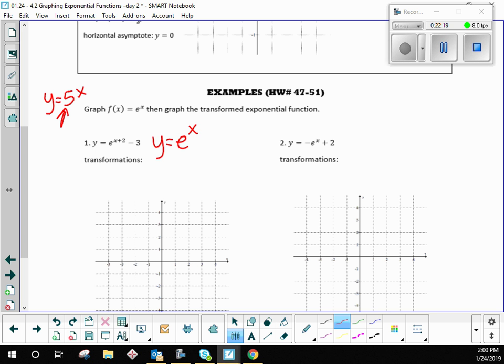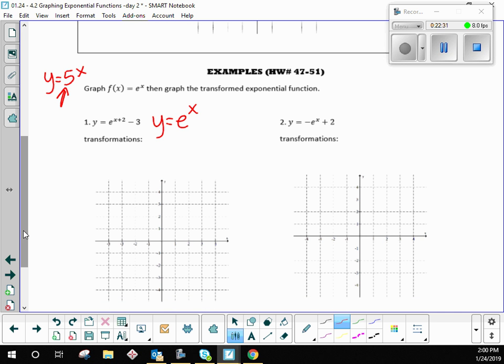That's not happening on these. That base is a basic component. It's not a transformation. It's part of the basic graph. So when I say what's the basic graph here, it's y equals e to the x. e is part of it. If an exponential function had an a value, it would look something like this. That would be an a value, okay? But we won't be doing those, not right now anyway.